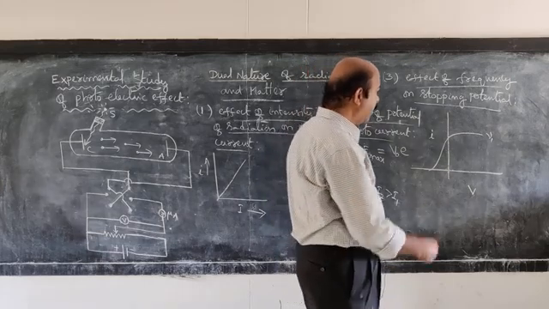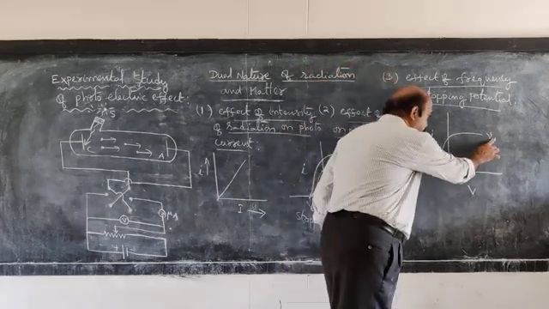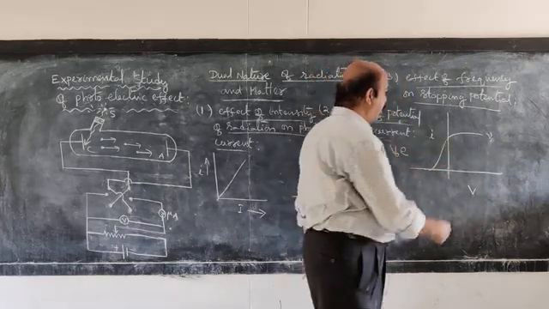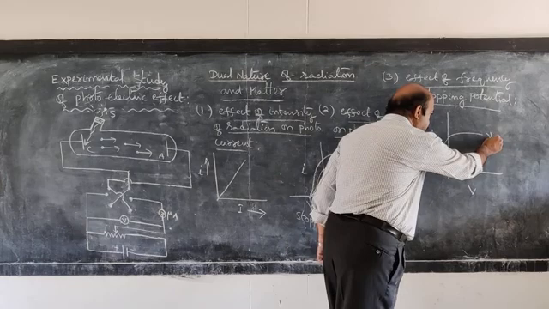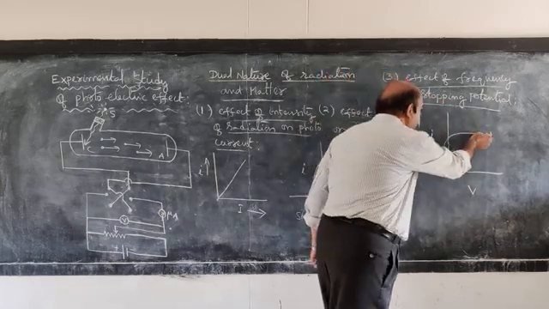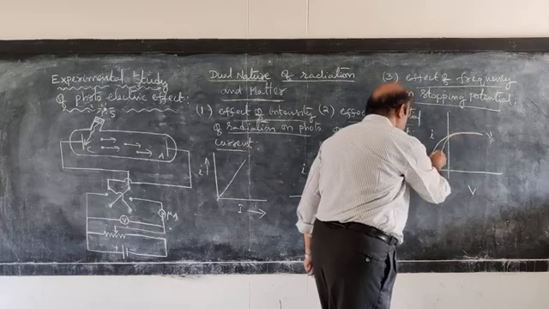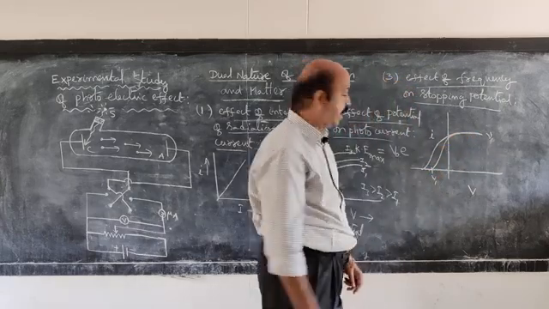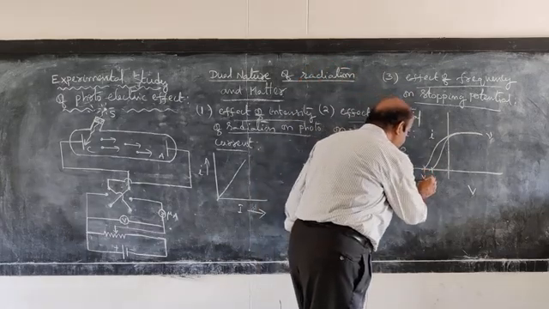Now, for the same intensity and for the frequency of another radiation, if you observe, the graph is the same, but if this is the stopping potential for the first radiation, this is for the second one.